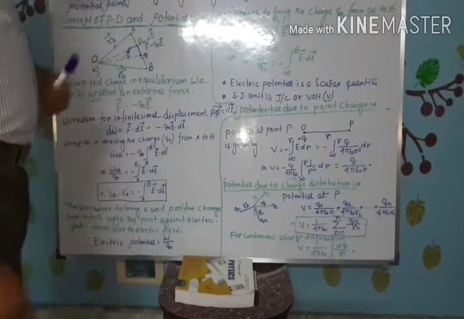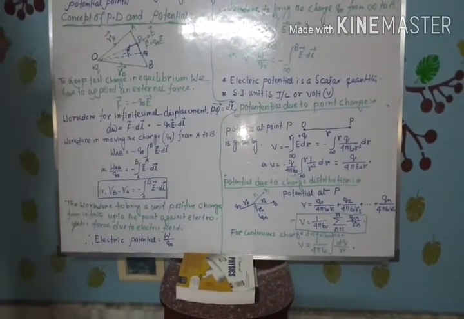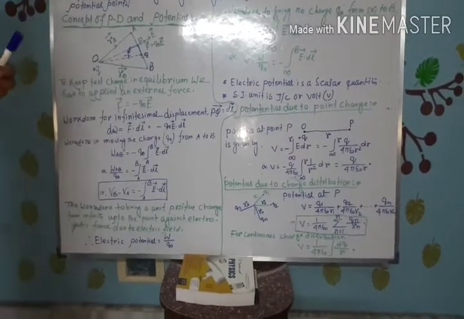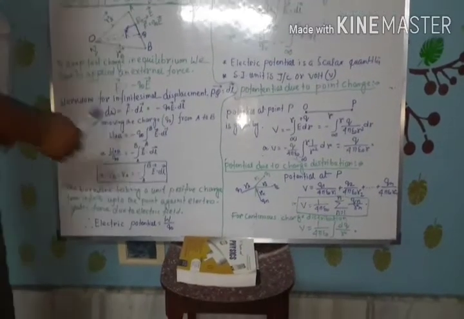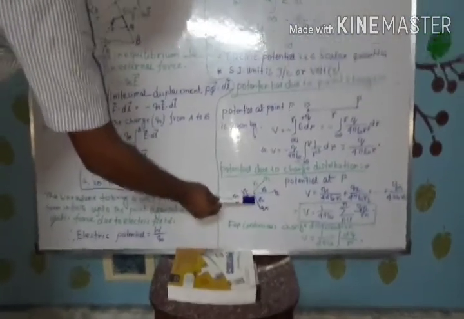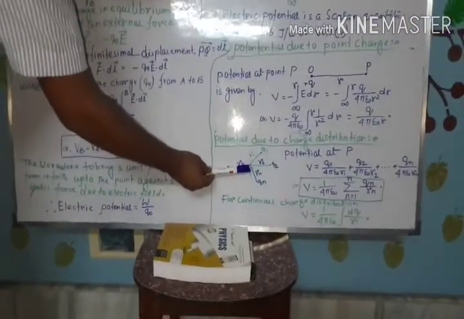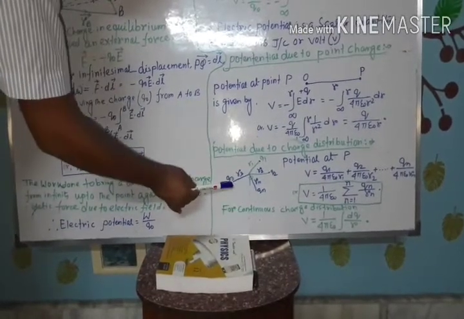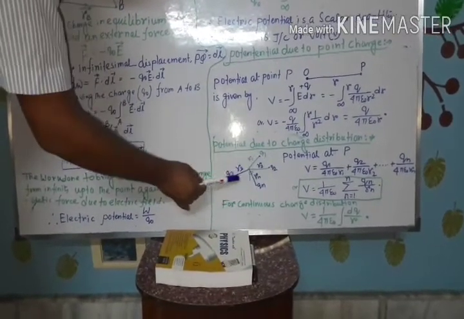Sometimes we have to determine the electric potential at a point due to a charge distribution. For example, see the diagram. Here P is a point, and around this point there are n number of charges like Q1, Q2, Q3, Qn.